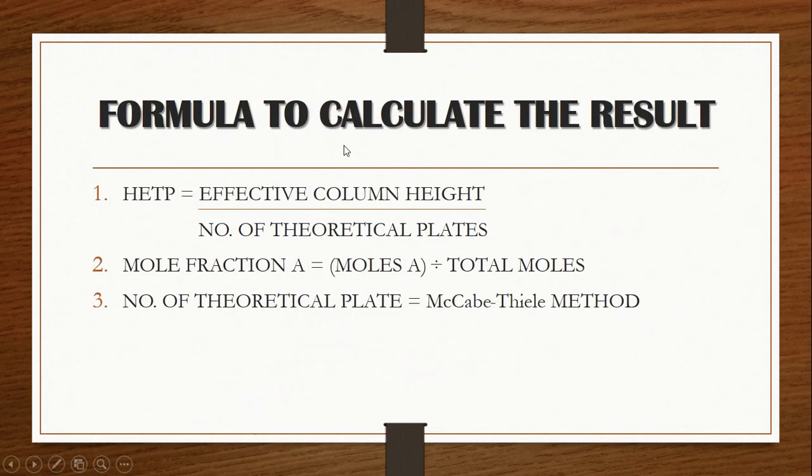So the formulas to calculate the results are as follows. For the height equivalent to a theoretical plate, it is the effective column height divided by the number of theoretical plates.